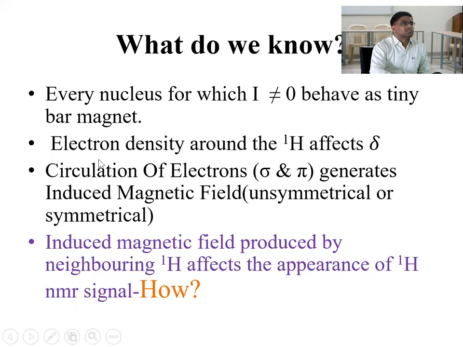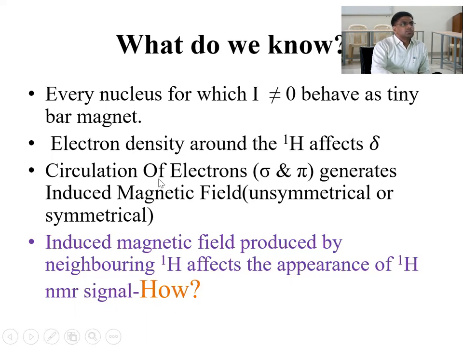When we discussed chemical shift and the factors affecting the value of chemical shift, we have known in detail that electron density around the proton affects chemical shift value, because the electron density around the proton influences the shielding and de-shielding of the protons.